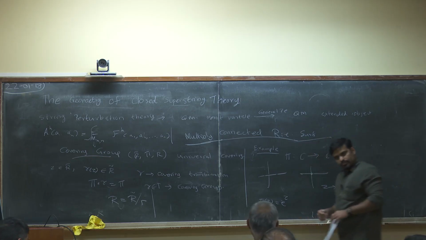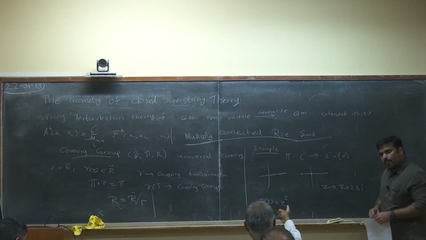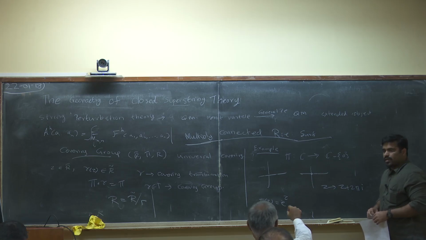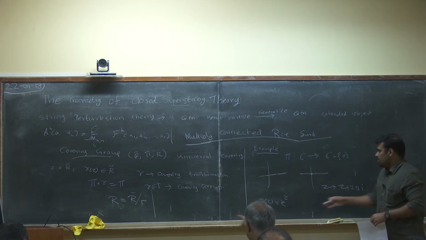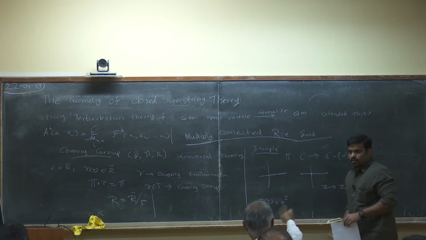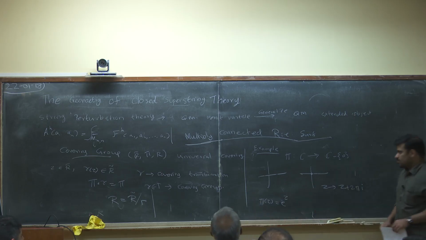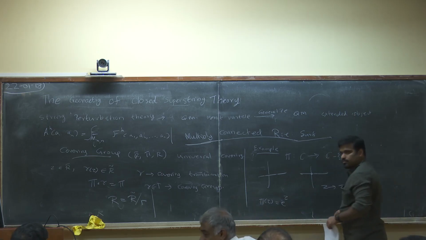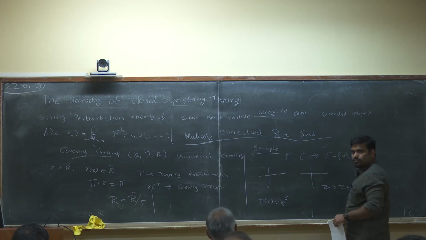So I'm sorry, you can choose different complex structures in C minus 0, and they correspond one to one to the elements of U1? Exactly, that's true. Yeah, this is not the covering group, it looks like C n, isn't it?